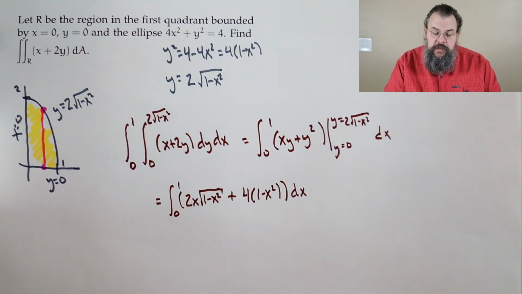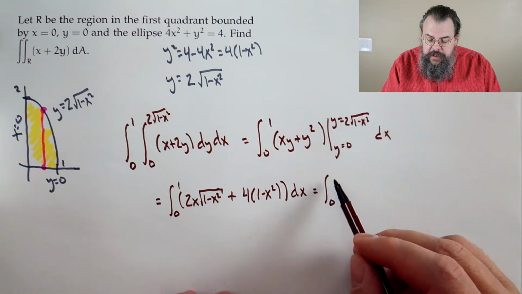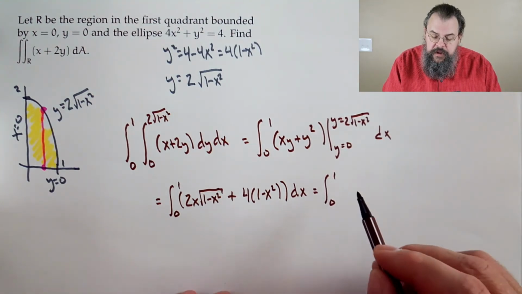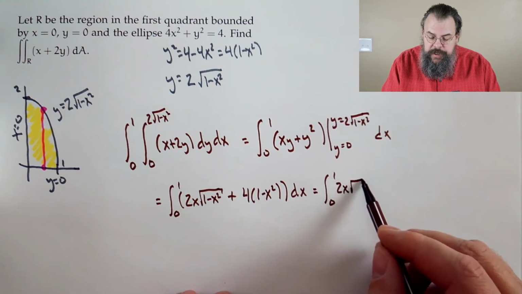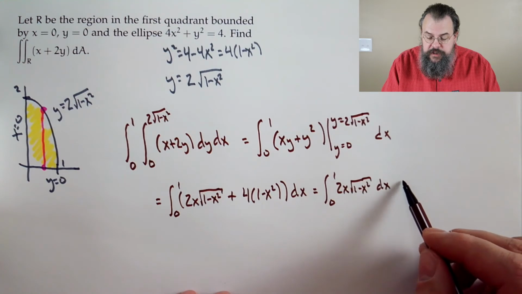Now, we can break this into two integrals. The first integral feels like it's going to be something different than the second piece. The first piece feels like there's a substitution coming up. The second piece feels like, hey, there's no problem with this integral, let's just do it.